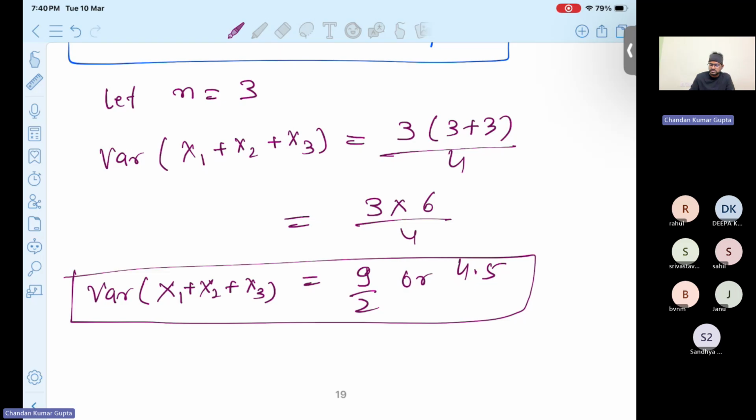So this is the case. You can take any value of n. We have different values of variance because we are given that the correlation between the variables is 1 by 4 and the variance for every random variable is 1. So in that case, this is the result. Any doubt, any problem up to this point?